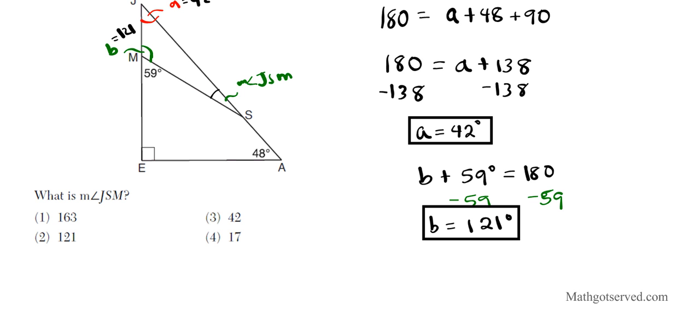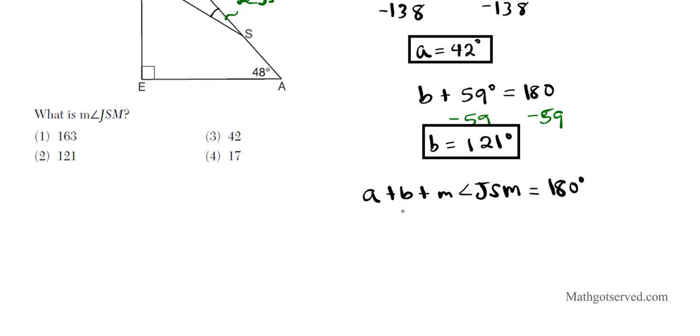From the triangle angle sum theorem, angle A plus B plus the measure of angle GSM, these are the three interior angles, they add up to 180 degrees, okay? So how do we get GSM? We just add A and B together, subtract from both sides, and that gives us angle GSM. We know that angle A is 42 degrees, what we found earlier, and B is 121, plus the measure of angle GSM will give us 180, okay?